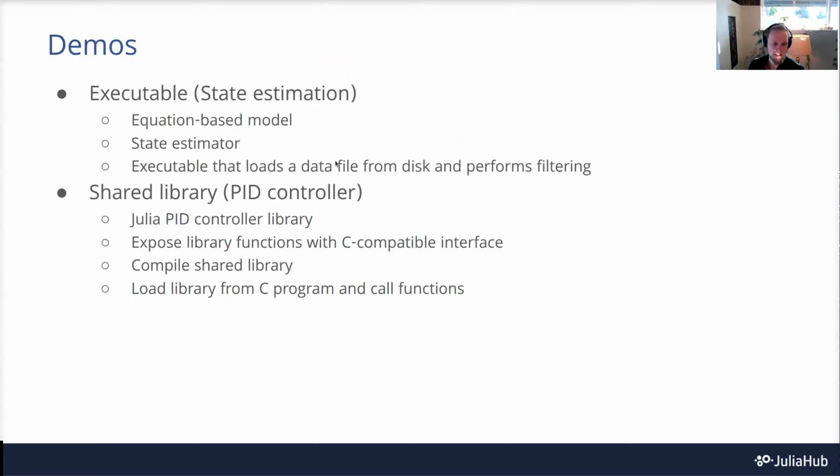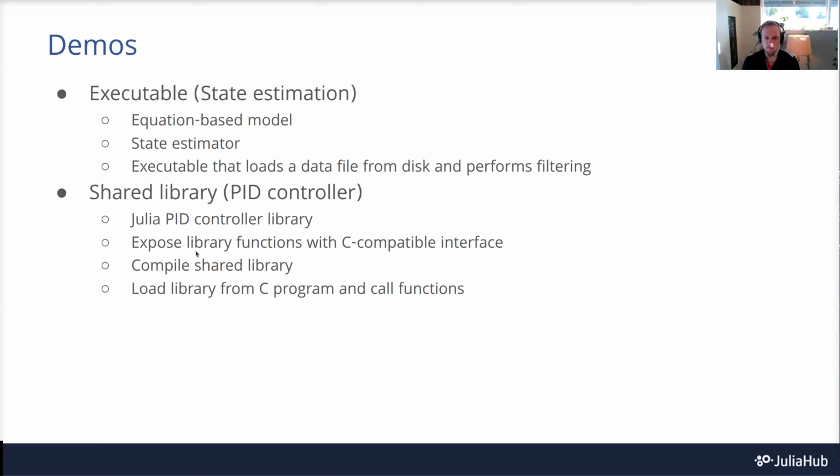And the noisy measurements are not always covering all the state and so on. So that's a nice inference problem. For that, we will make use of an equation-based modeling language called Modeling Toolkit. Then we will use a state estimator from an already existing Julia package. And our executable will load some data from a file and perform filtering over that data.